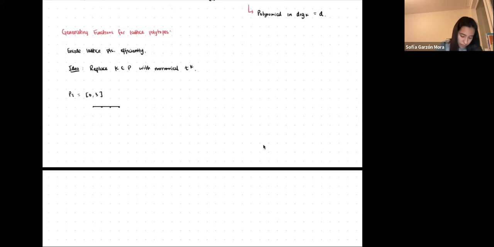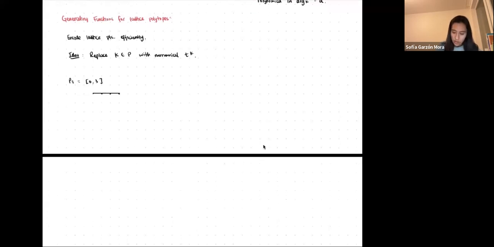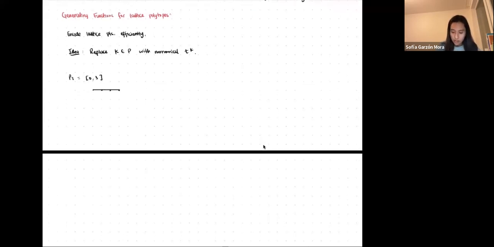So how would you write it in terms of this idea? Well, T to the 0 is just 1, right? So I get 1 plus T plus T squared plus T cubed. Right? So far, so good. Okay, I see some nodding, that's great.